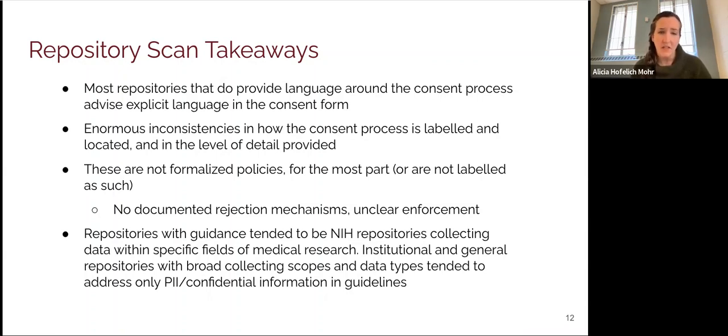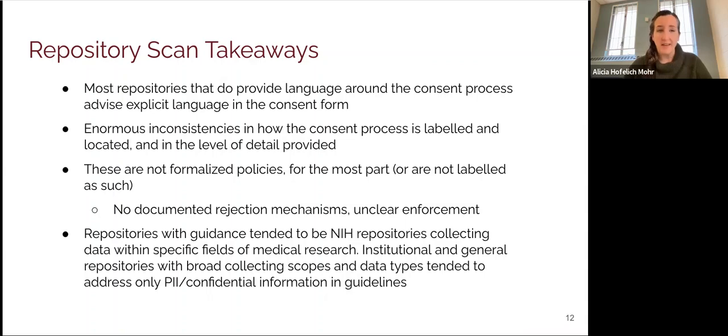But institutional and general repositories, even those that took data from human participants, often have broad collection scopes and really tended to only address the presence of personally identifying information, or PII, or confidential information and guidelines, stating that those had to be removed. And so, yeah, a lot of inconsistencies in how these are referred to.